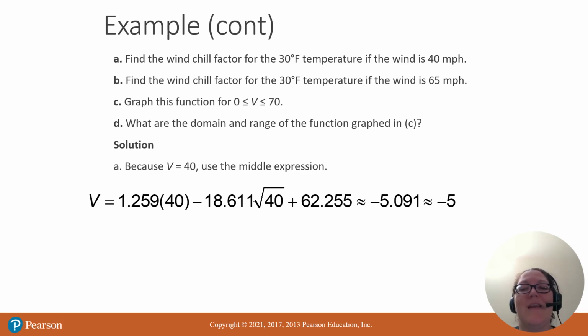And we get about negative 5.091, which would be approximately negative 5. So if it is actually measuring 30 degrees Fahrenheit outside, but we have a wind blowing at 40 miles per hour, it's actually going to feel to my human body as if it was negative 5 degrees.